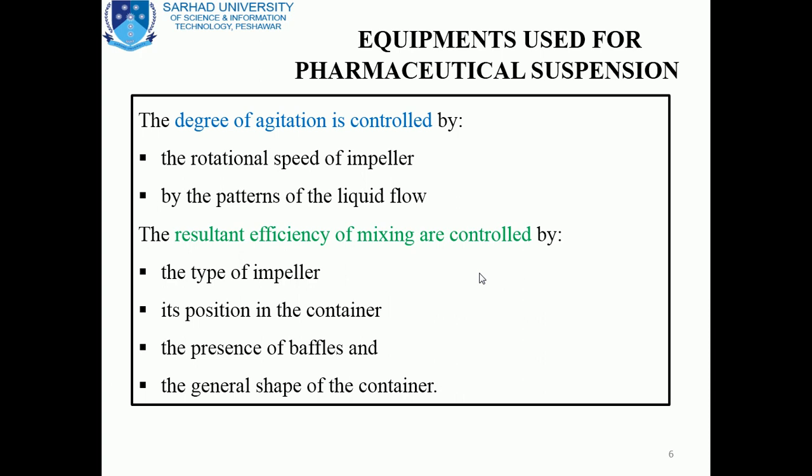The third one is the presence of baffles and the use of baffles, which is responsible for changing the flow pattern of liquid, and the last one is the general shape of the container. The container shape is also of prime importance in the resultant efficiency of mixing.